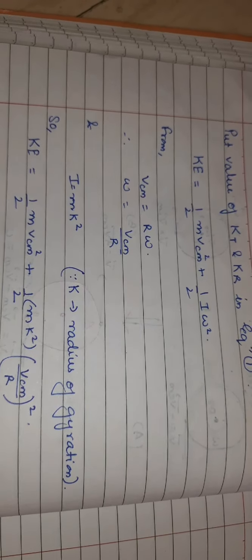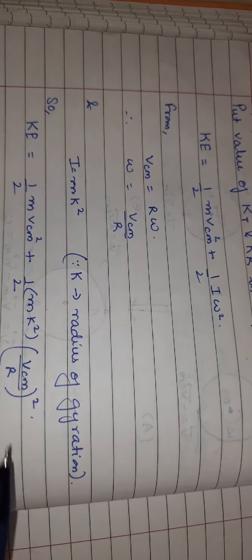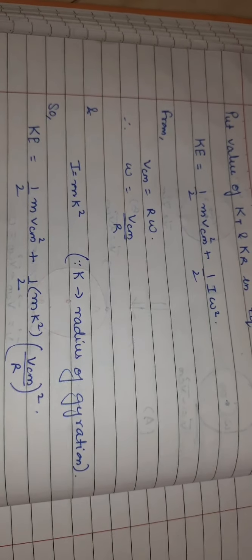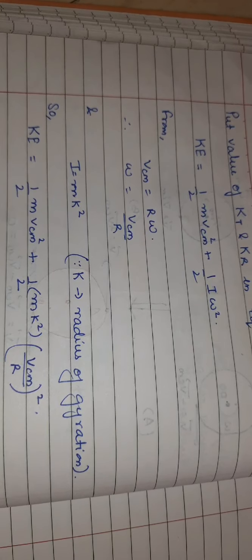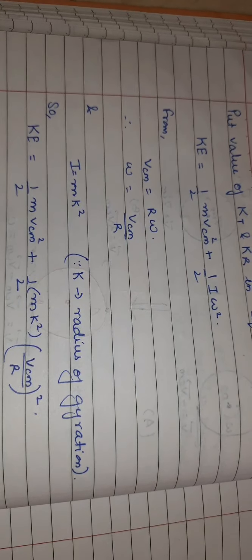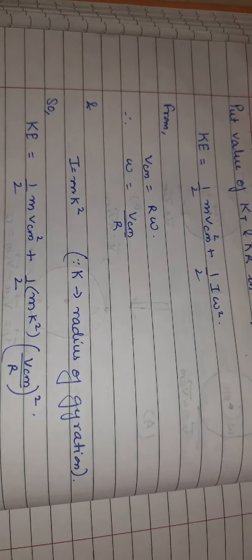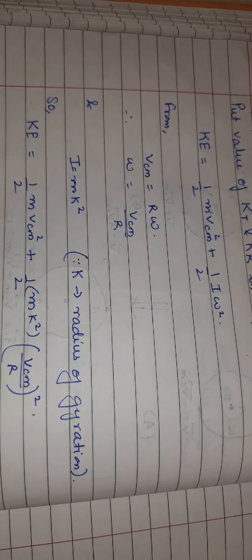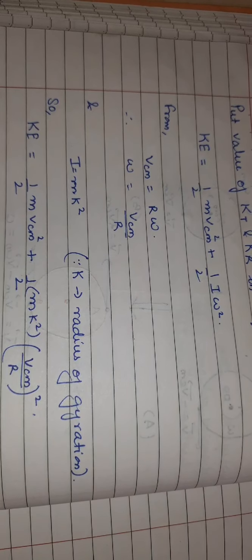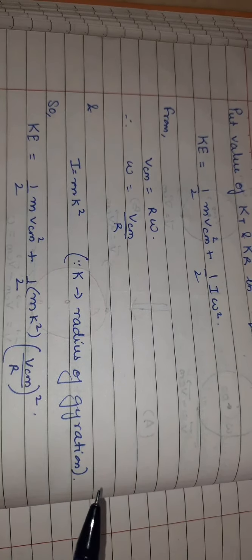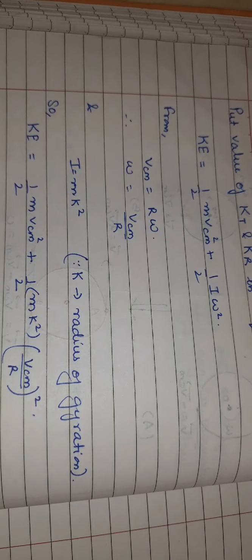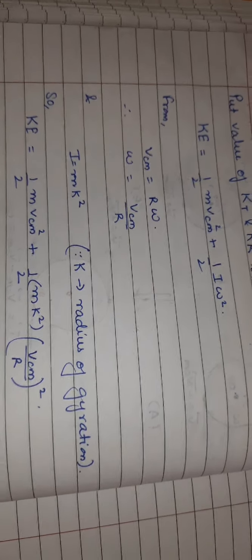What is radius of gyration? When we consider that the mass of the whole system is present at one point and the moment of inertia is distributed equally, meaning the mass is distributed equally all over the object, at that time we always take the radius of gyration into consideration. So in place of I we can put m k square.